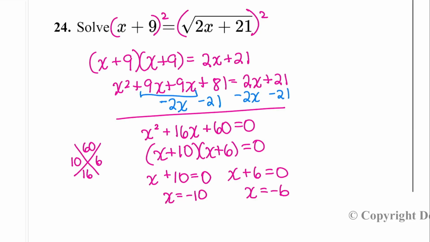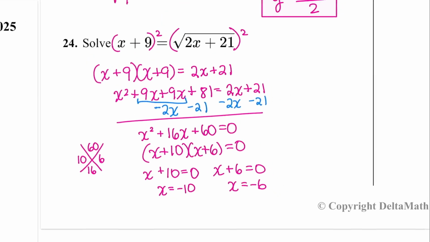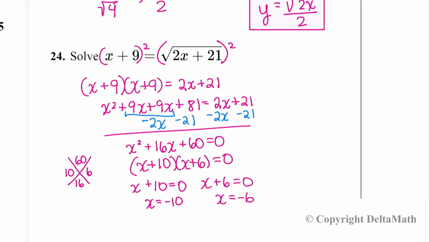Now it's very important here that we go back and plug our answers into our original equation to make sure that we don't have any extraneous solutions. So let's check x equals negative 10. We have negative 10 plus 9, and we're checking if that equals the square root of 2 times negative 10 plus 21.